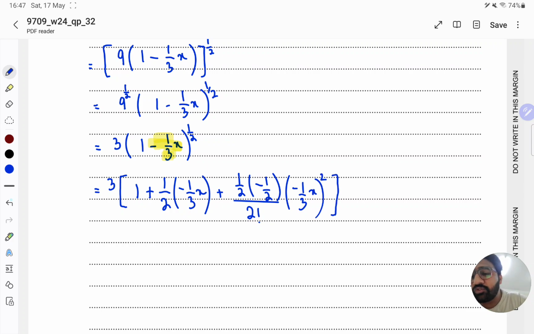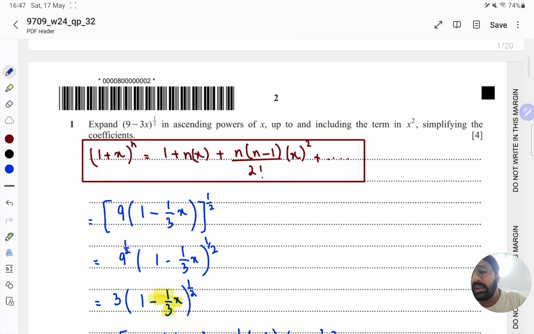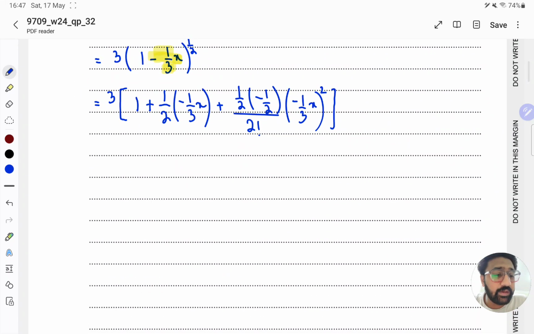We are just supposed to do up till the x square term. It was mentioned in the question up to and including the x square term. So that's up till we are going to expand only. So if I expand this bracket, it will be 1 minus 1 by 6x.